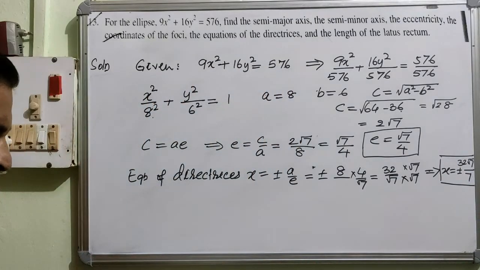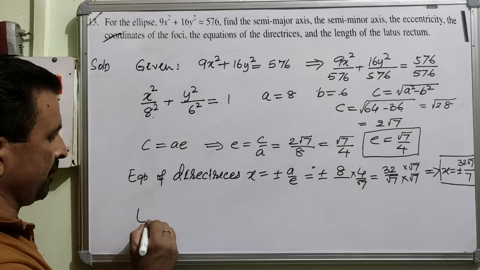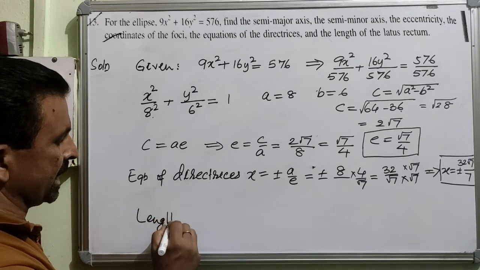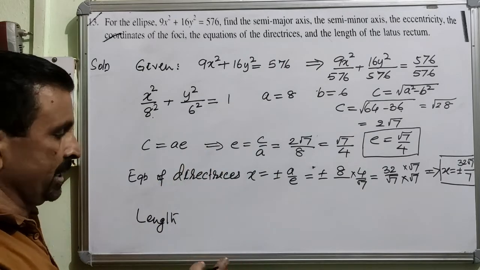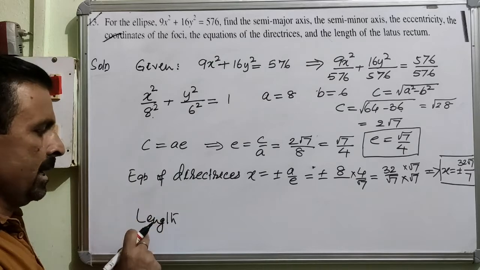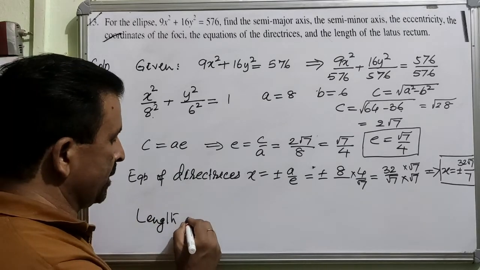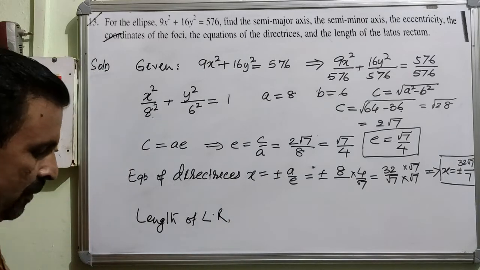Is it okay? Now, the next is we have to find the length of the latus rectum. Whatever information they ask, using this A, B, C and E, we can calculate. Here they are asking us to find out only the eccentricity, equation of directrices, and length of latus rectum. From the table, again you will know the length of the latus rectum.